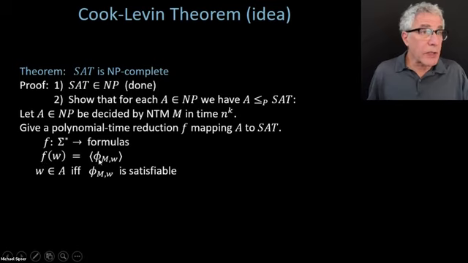So f is going to map w to this formula where the string is in the language exactly when the formula is satisfiable. And the formula is going to depend upon M and w. That's why it's written in this way.